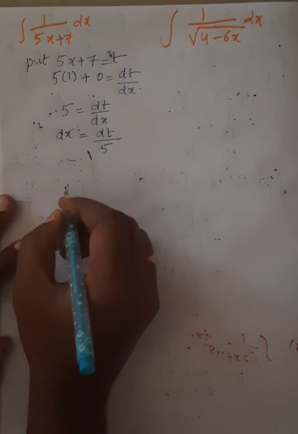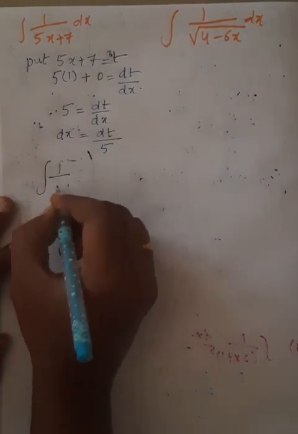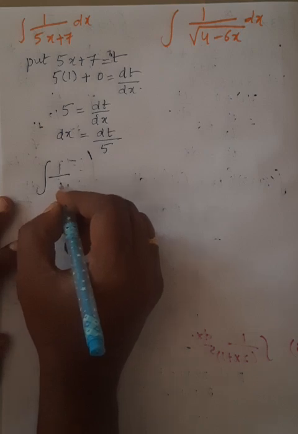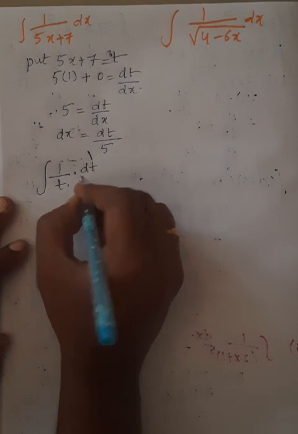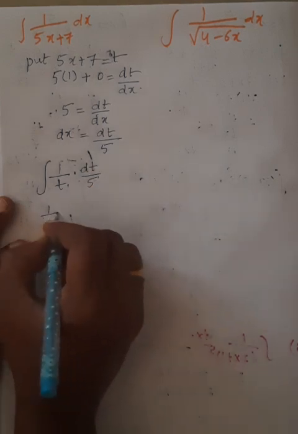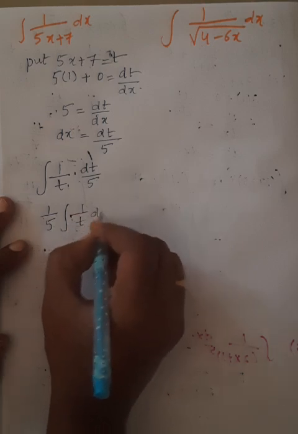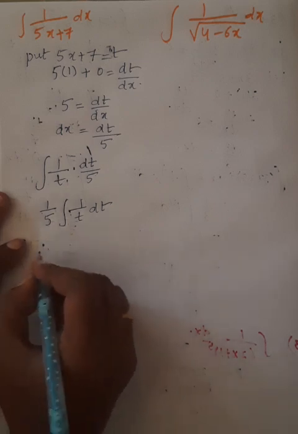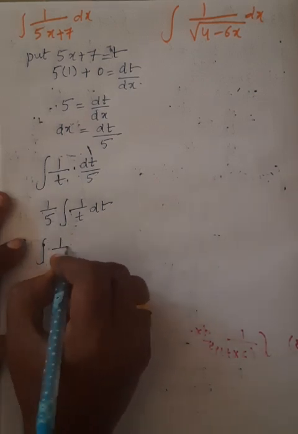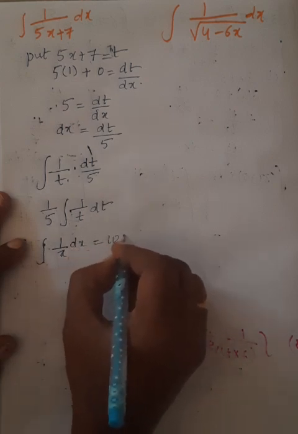Then we have to substitute in our equation. So it will become integration of 1 by 5x plus 7 as t into dx as dt by 5. Therefore it will become 1 by 5 integration of 1 by t dt. So here it is one of the standard results, which is integration of 1 by x dx is equal to log x.